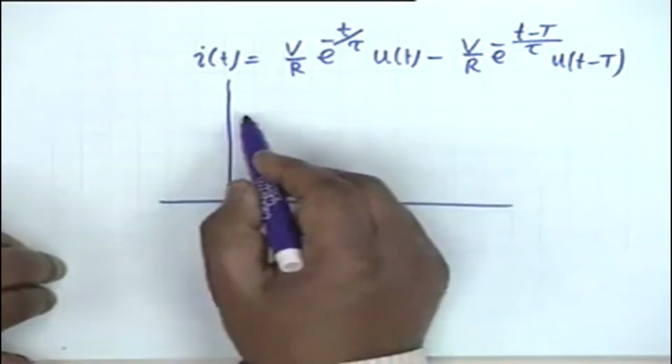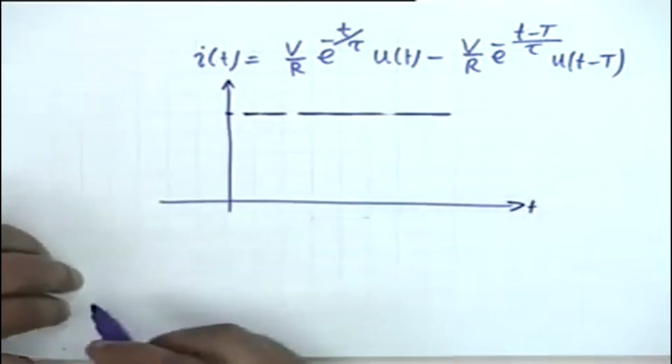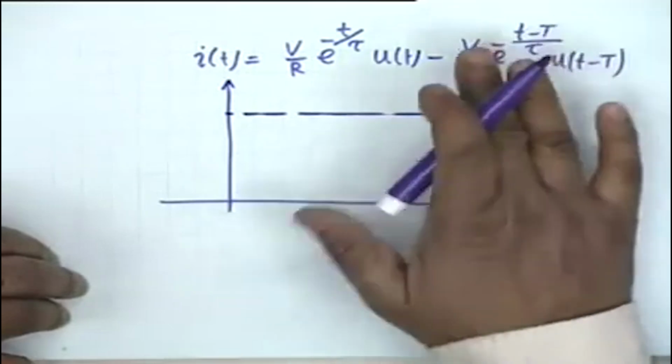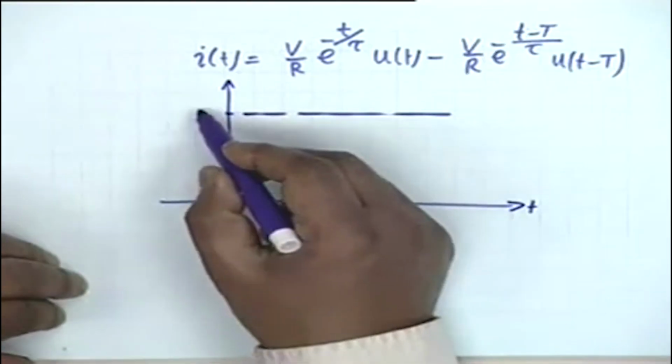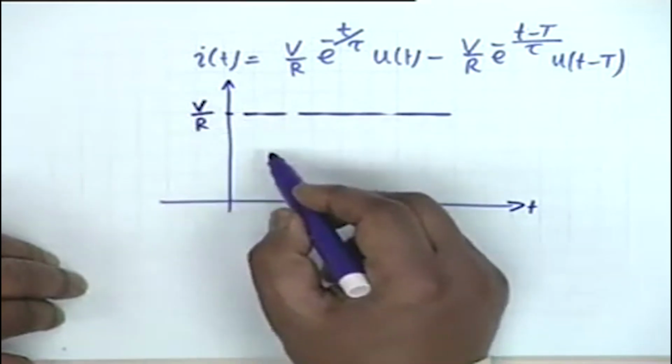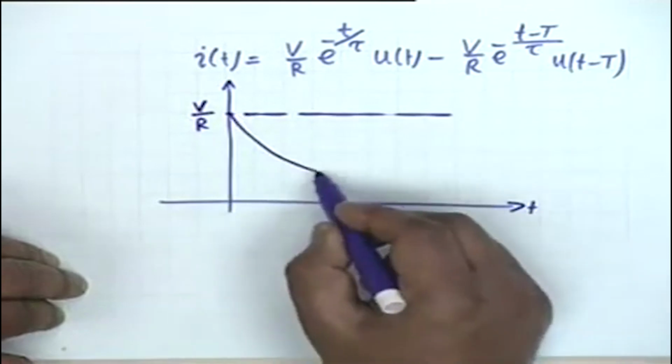Now if the current versus t, if the second term was not there, then the current would have started falling from V by R, it would have started falling like this.